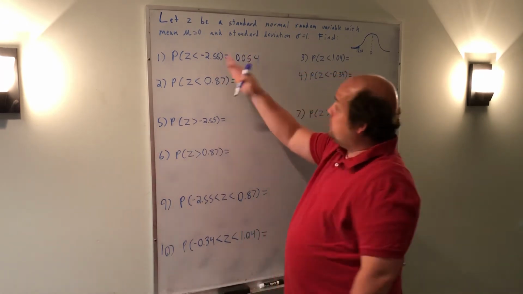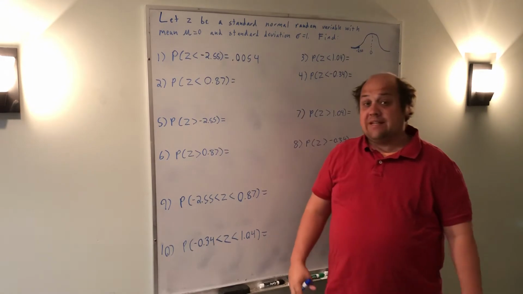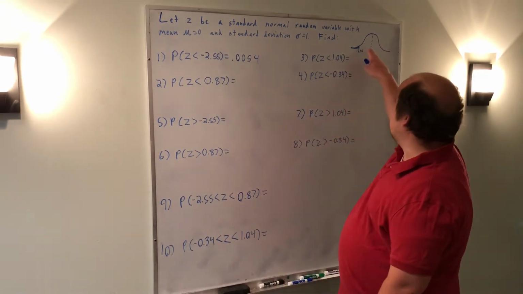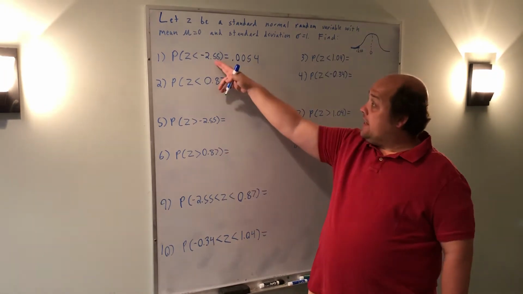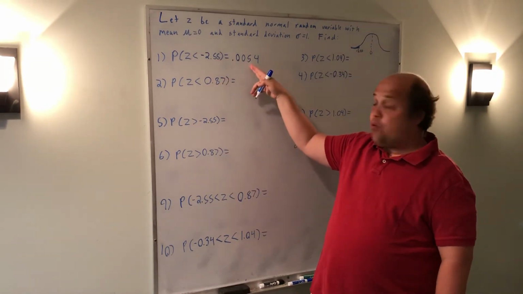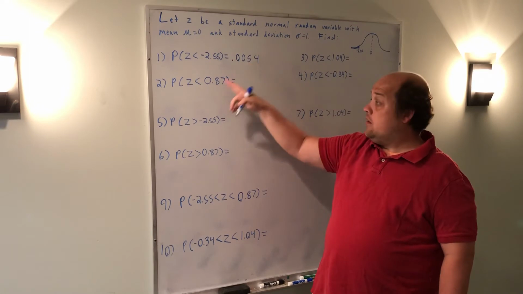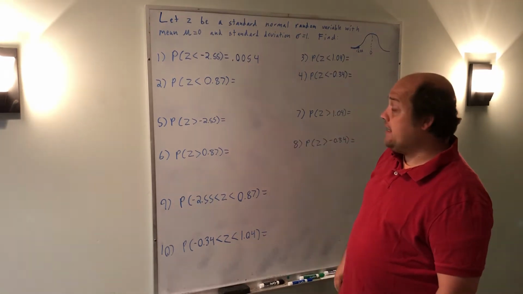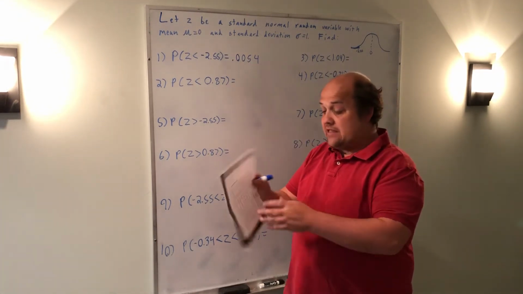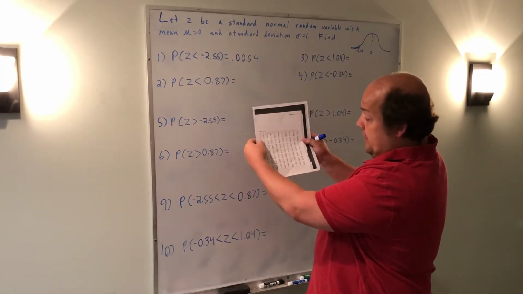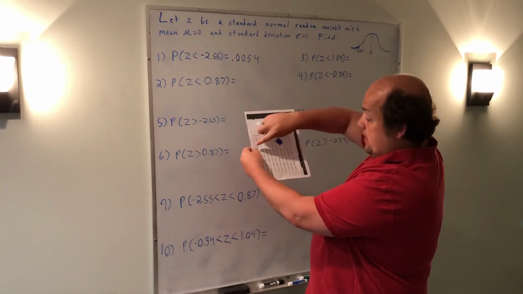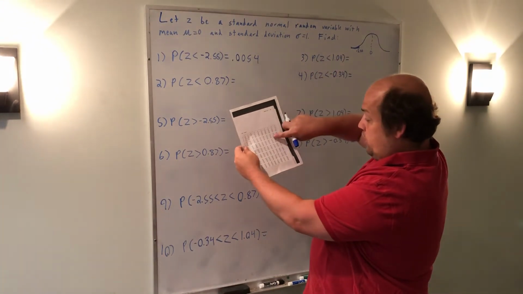So basically these first four questions where they're asking me z is less than, they're asking me exactly how the table is organized. So my only goal is to find this entry in the table and report what the probability is. For the second question, 0.87, I need to be on the positive side of my table. On the positive side, I look for 0.8, then I line that up with the column marked 0.07.